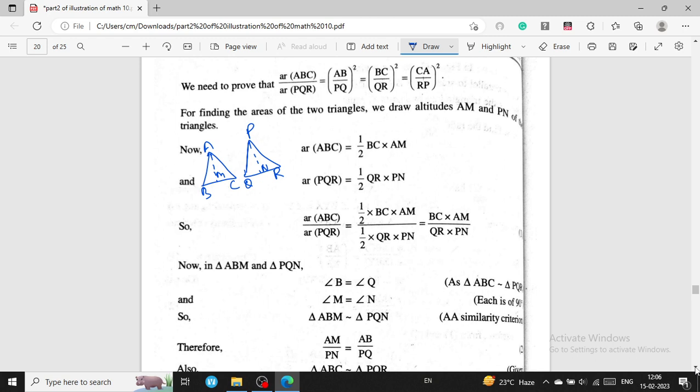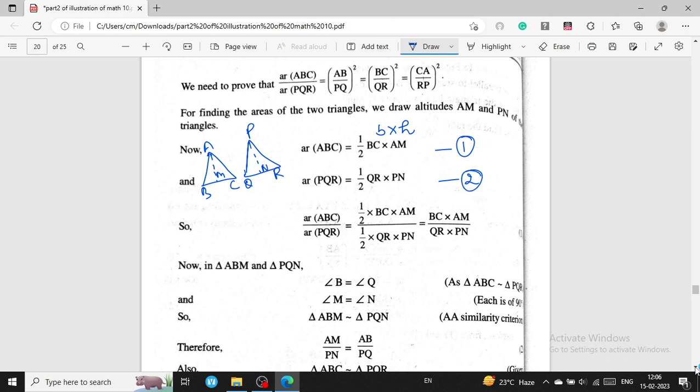Now first write area of ABC is equal to 1 by 2 base into height. So 1 by 2 BC is the base, and height is AM. This is your first equation. And in triangle PQR, 1 by 2 base is QR and height is PN.